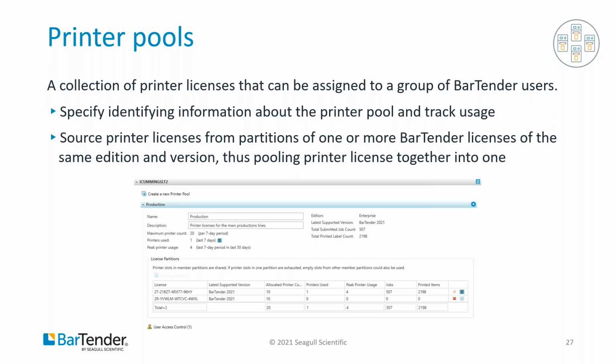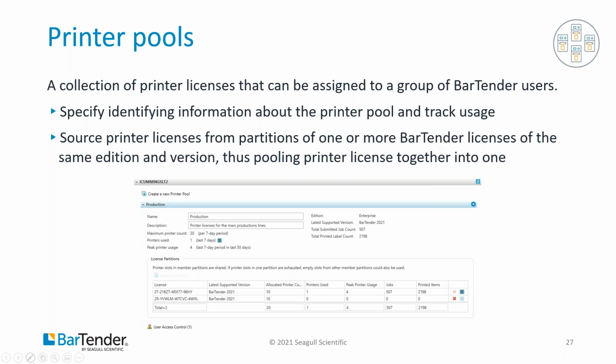With printer pools, you could assign each of those printer licenses or sets of printer licenses to the one pool, thereby in effect creating one mega license through which the BarTender clients can draw their printer licensing.